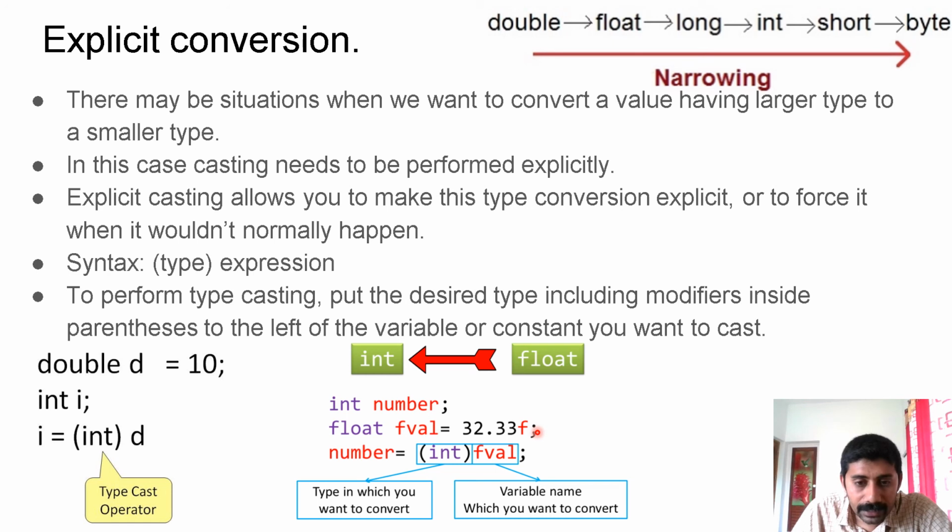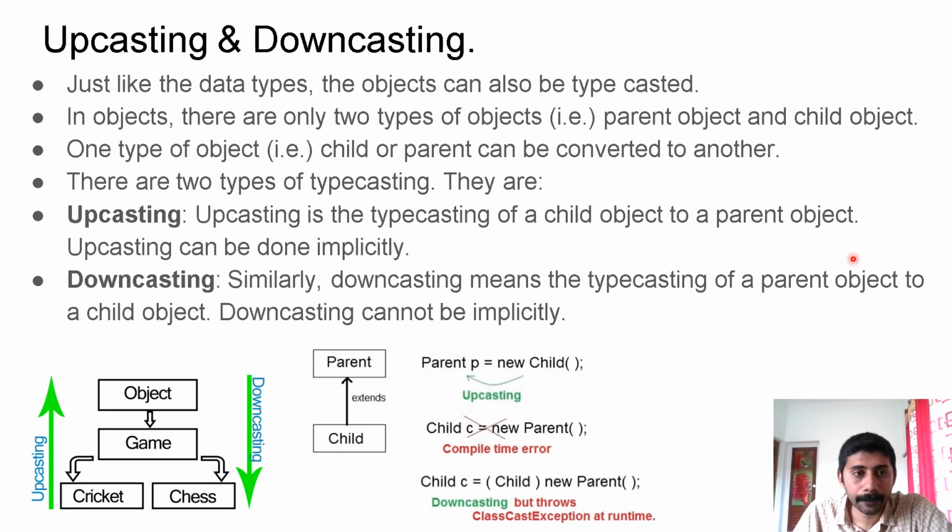So I can tell the compiler to convert my floating point value into an integer and store it in number. That's all about explicit conversion. The programmer has to do it. It is the narrowing operation. Your source data type is bigger and the destination type is smaller. In that case, you have to do the explicit conversion, otherwise the compiler will give an error.